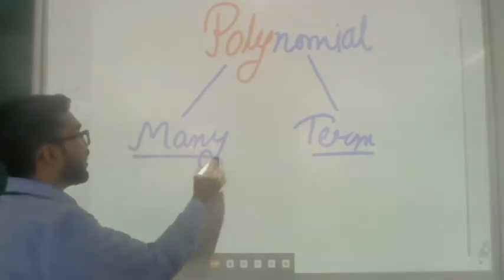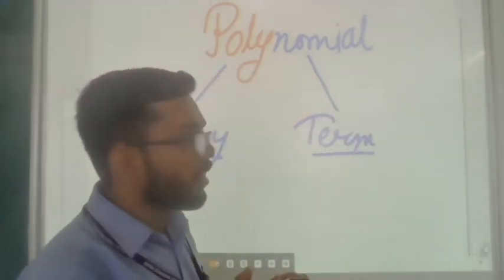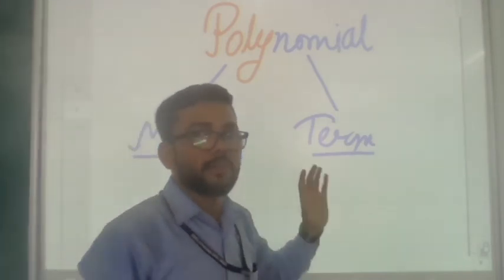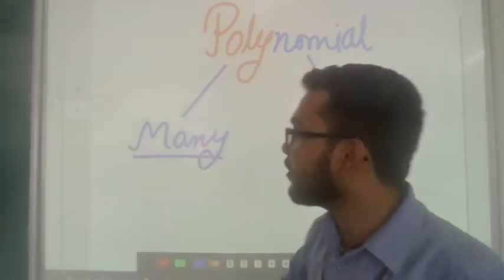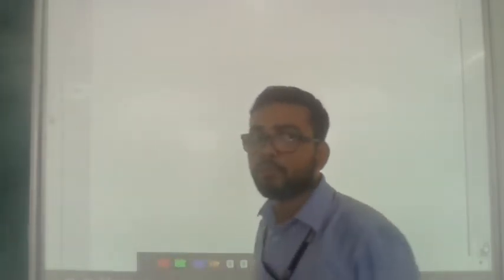So if you add or subtract many terms in an algebraic expression, a polynomial is formed. On the basis of terms, there are a few types of polynomial, like monomial.